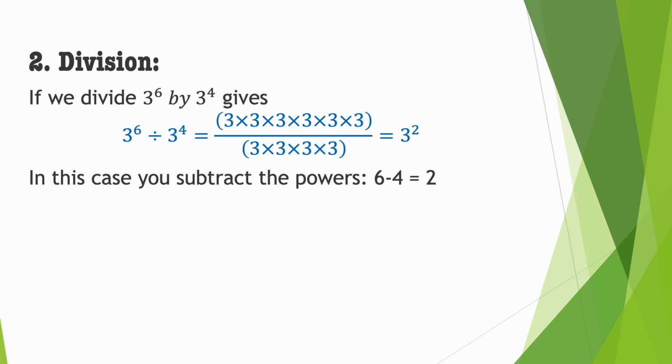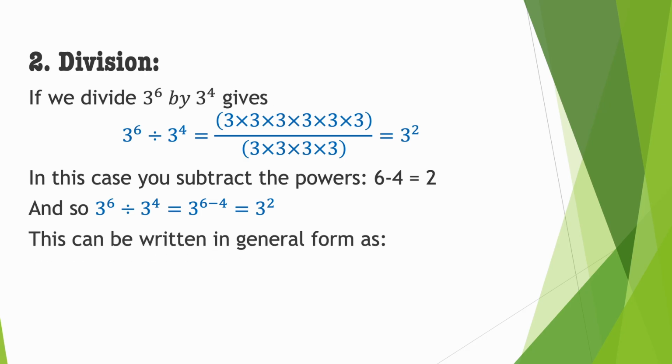So in this case, you subtract the powers, 6 minus 4, which is 2. So 3 to power 6 divided by 3 to power 4 is 3 to power 2. In general form, a to power m divided by a to power n is a to power m minus n. Now that is our law number 2.